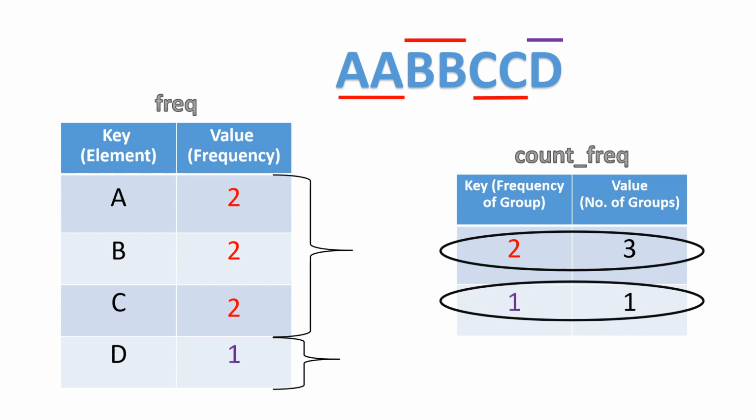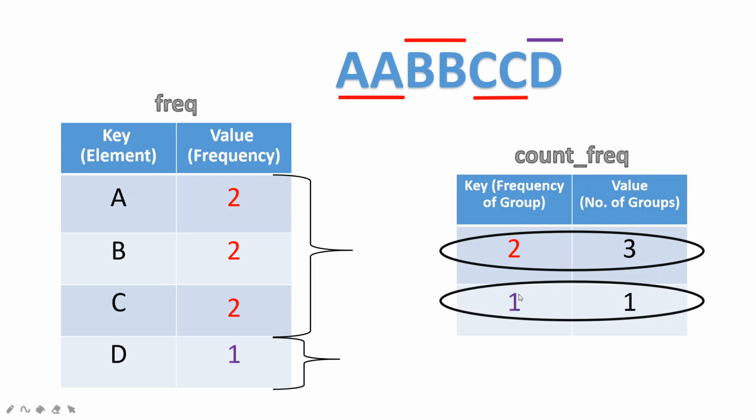Now coming back to this diagram, we can see that if we remove D, we can get the desired output. So removing D is giving me a solution. And how can we do that? By looking at this count frequency hash map.